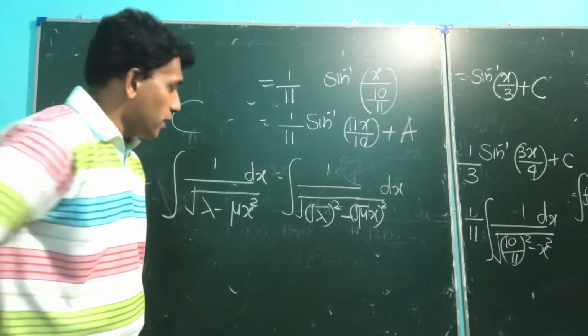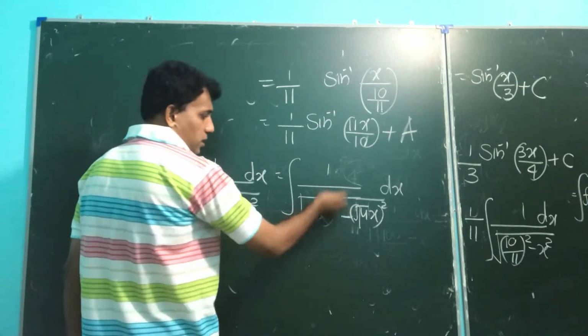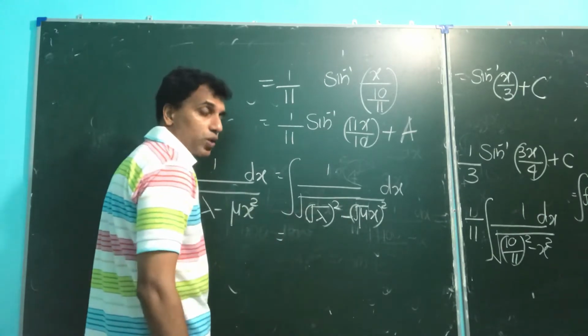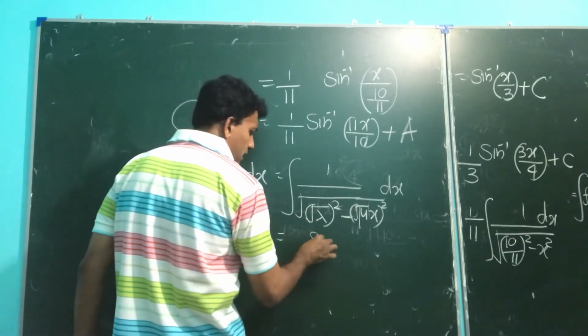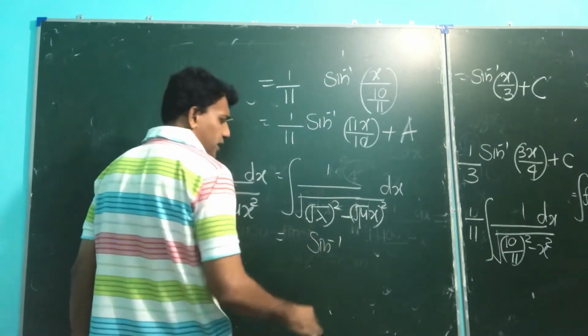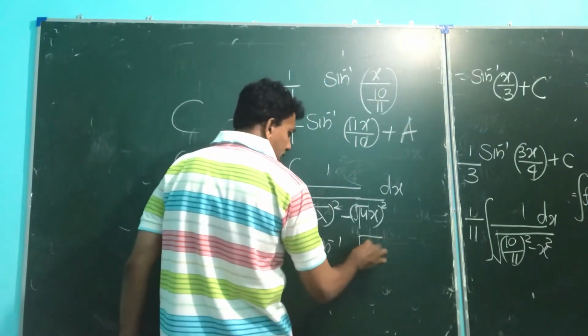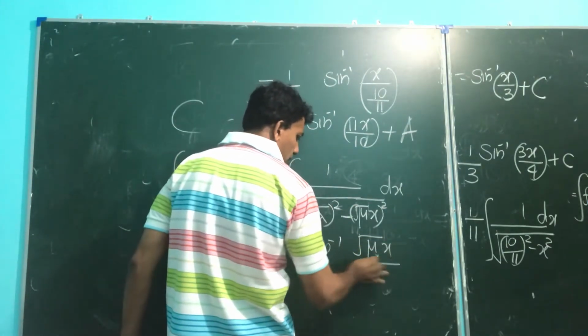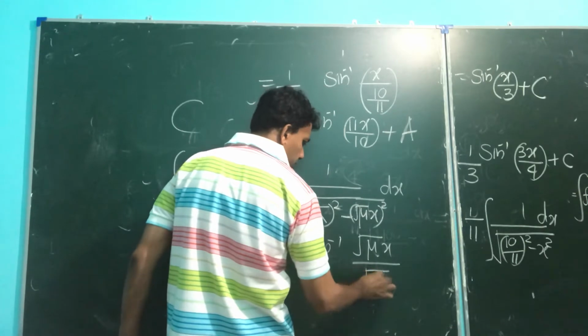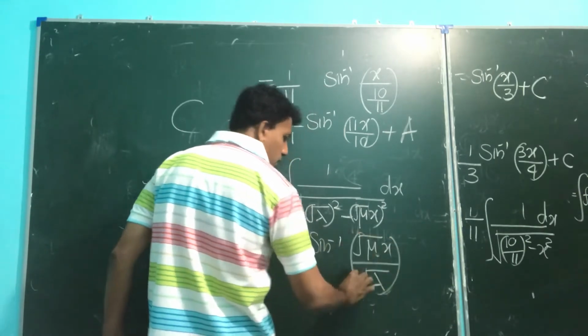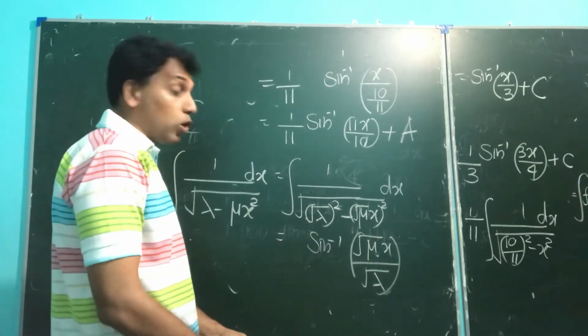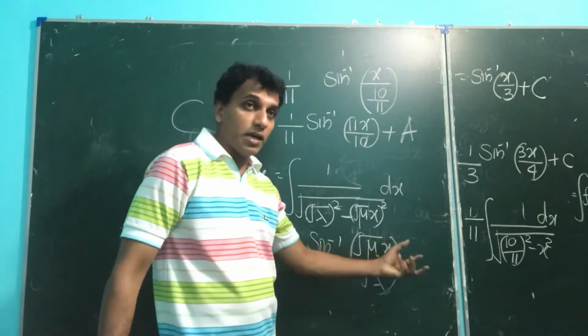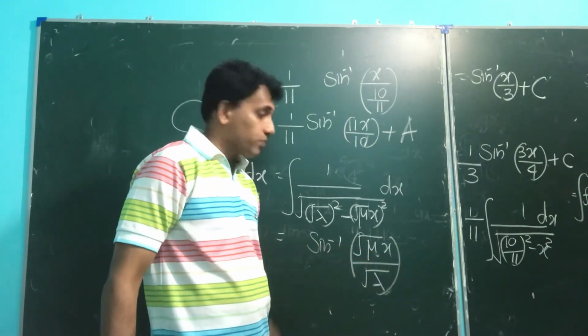Okay. Therefore, what is the answer? A square minus x square form gives sine inverse x over a. Sine inverse x over a, but don't forget the plus c, otherwise it is wrong.